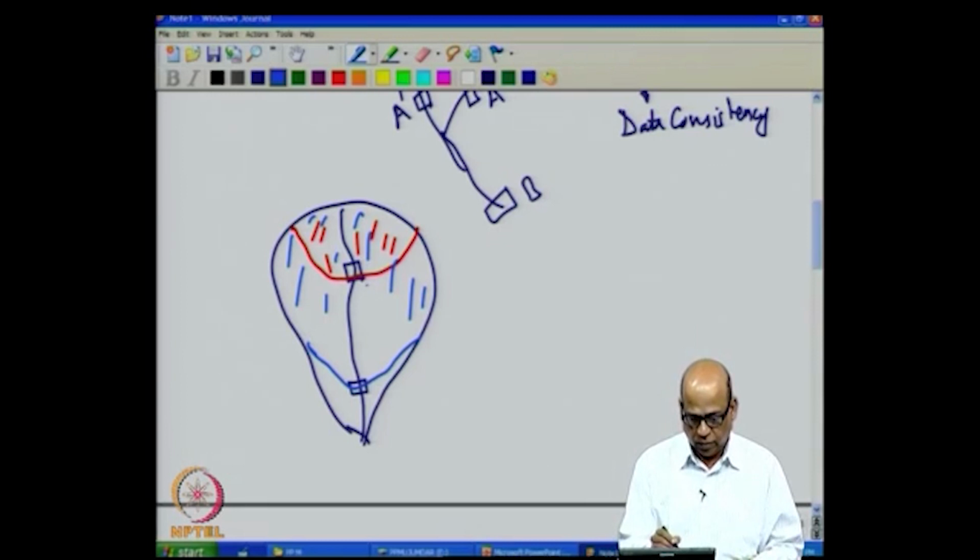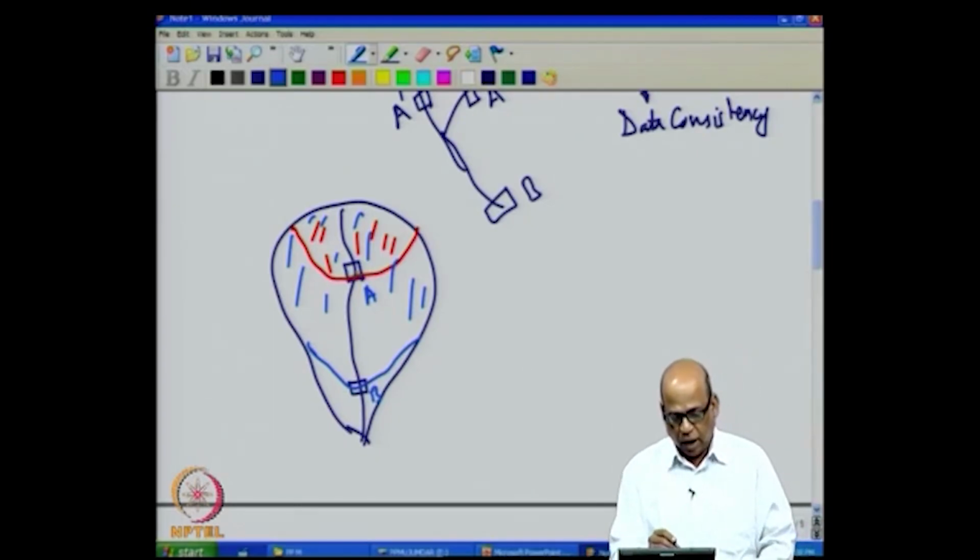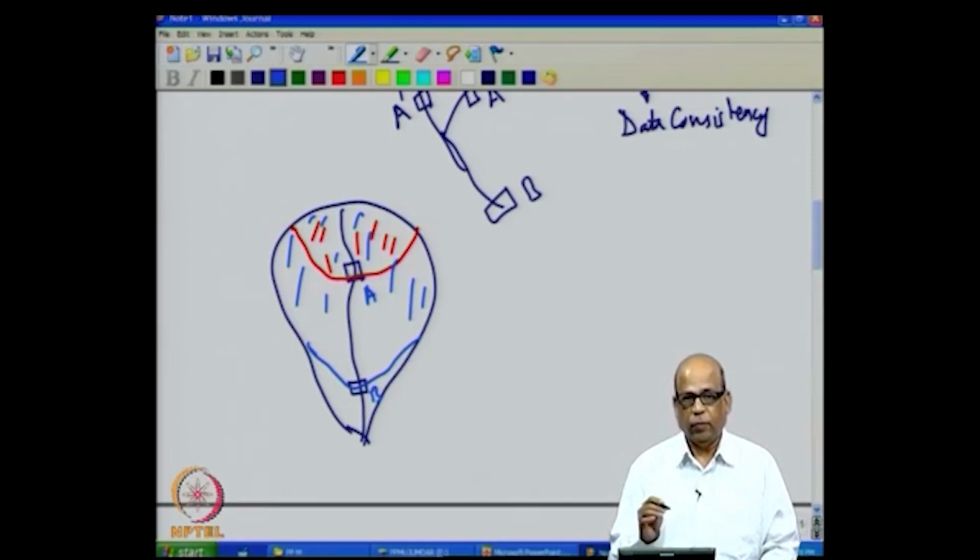So, this is rain gauge A and this is rain gauge B. Let us say that we are looking at the annual flows at this point. Let us say some 500 million cubic meters of flow has taken place at this location in the entire year.